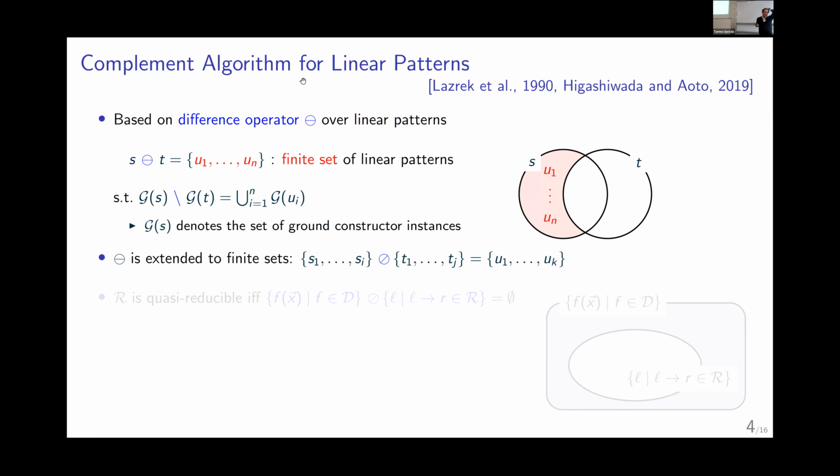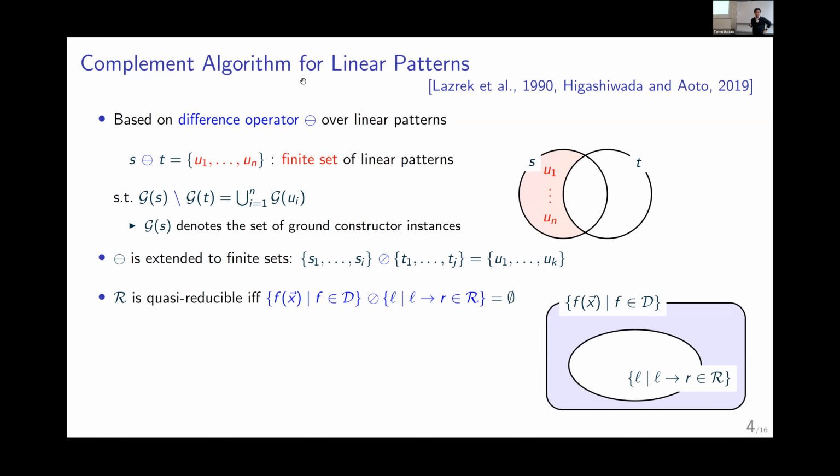And then this operator is extended to finite sets of patterns. And then we have this property. A left linear TRS is quasi-reducible if and only if the difference of these two sets is empty.